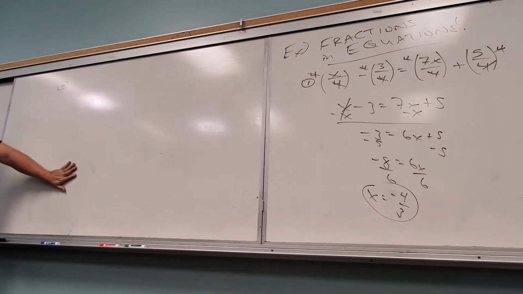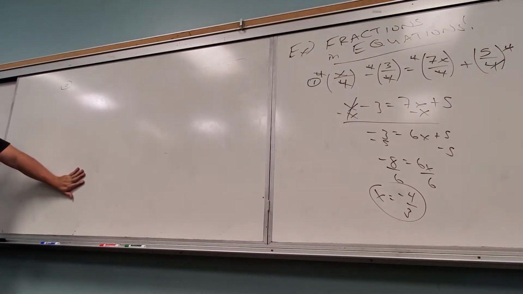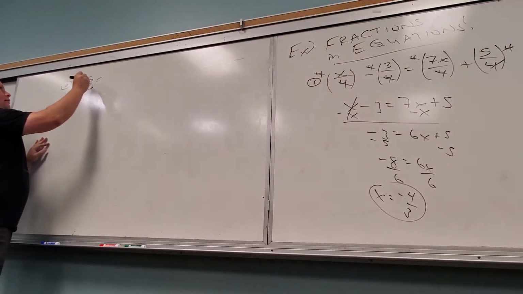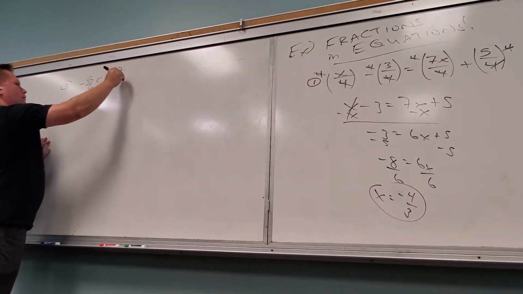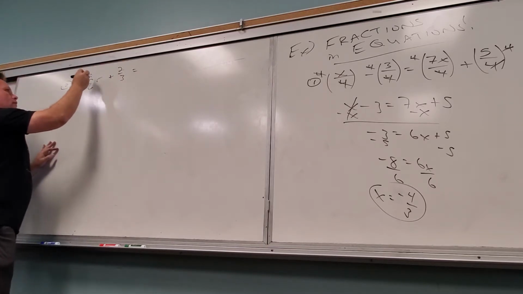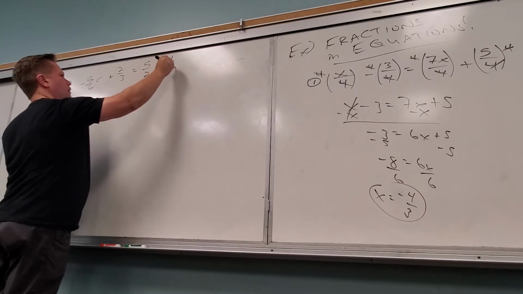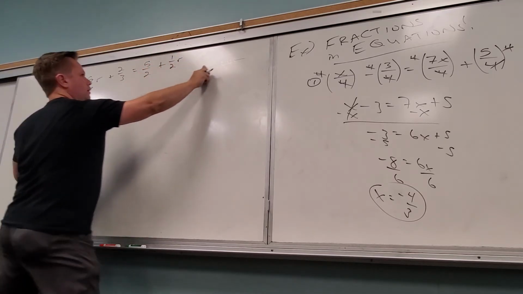It's actually number 6. Negative 5 over 6 times r plus 2/3 equals 5 over 2 plus 1/2 times r plus 16/3.